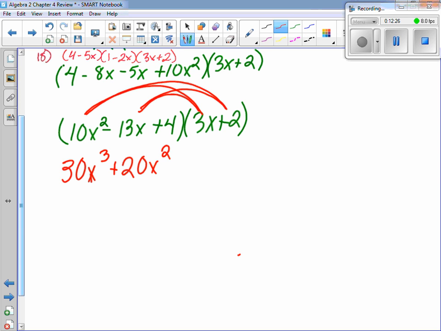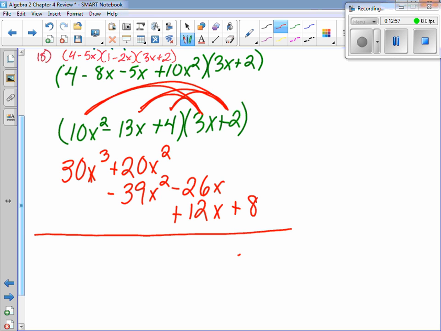Because negative 13x times 3x would be negative 39x squared. Yes? I do this here because I'm lining up the like terms, so it's easier to combine them. Negative 13x times 2 is going to be minus 26x. 4 times 3x is going to be plus 12x, and 4 times 2 is going to be plus 8.